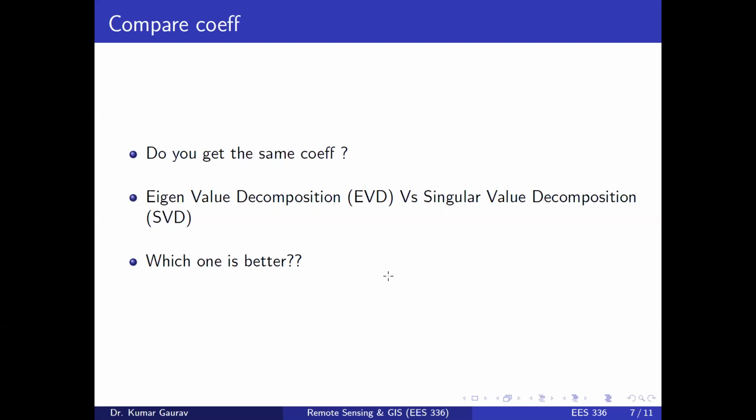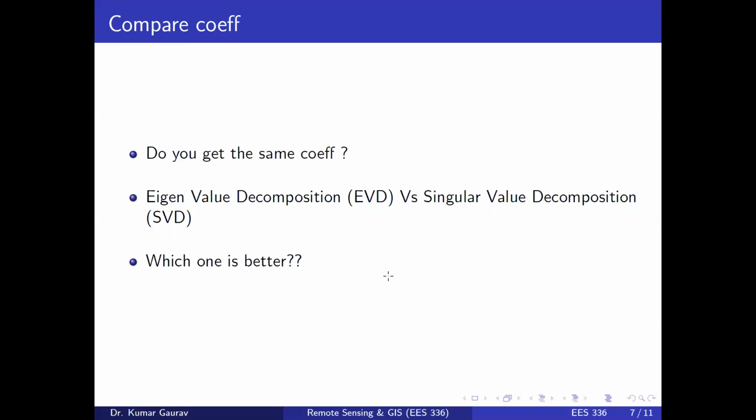So now the question is, which one is better, EVD or SVD? This is quite a complex thing, but I will try to give the answer in a very brief way, so that you get some confidence in defending these things. MATLAB is licensed, paid software, and it costs too much.